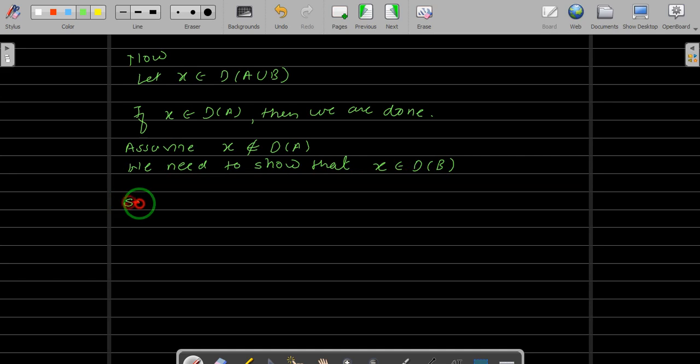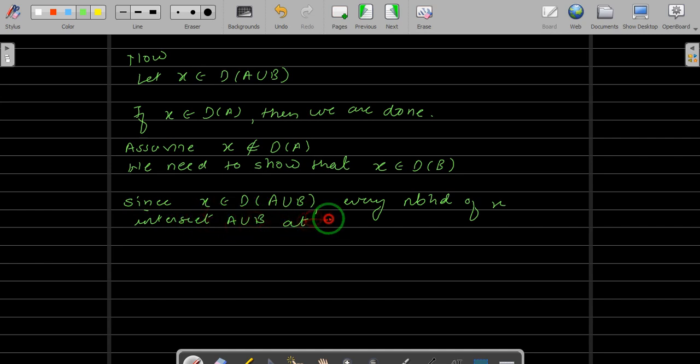Now since X belongs to derived set of A union B, that is our hypothesis. Since X belongs to derived set of A union B, this implies every neighborhood of X intersects A union B at a point other than X. This is by definition.